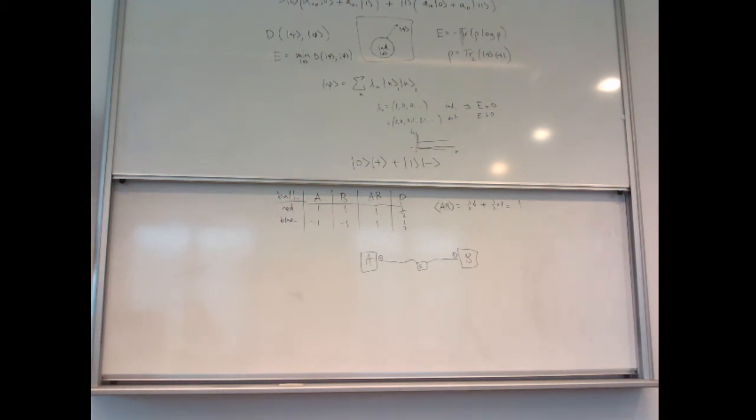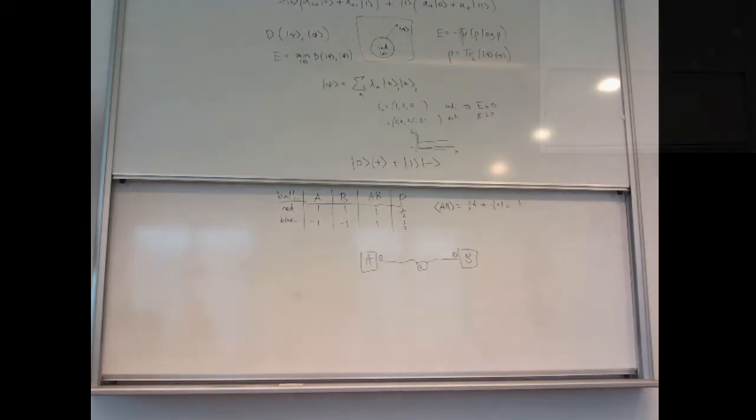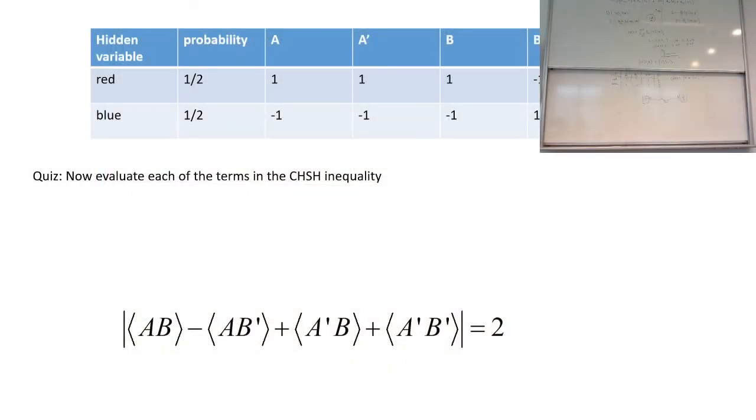What will this be? -1. Yeah, -1. And A prime, and then B, this one. Same as AB. So that would be +1, right? And then A prime, B prime, what about this one?